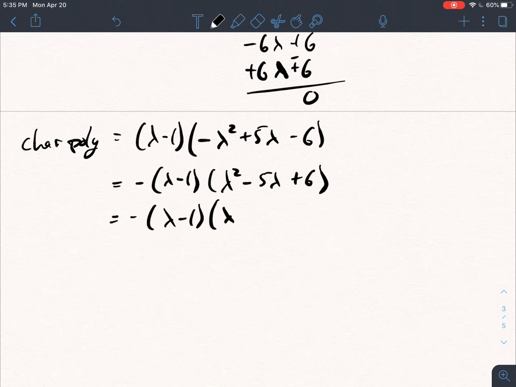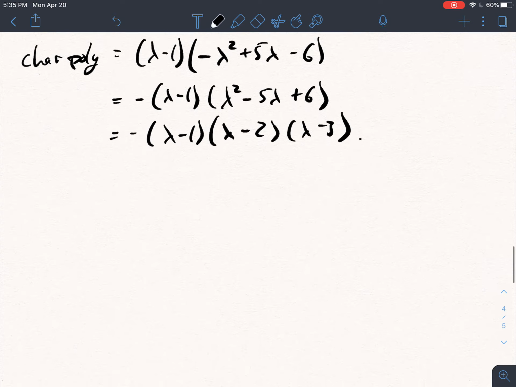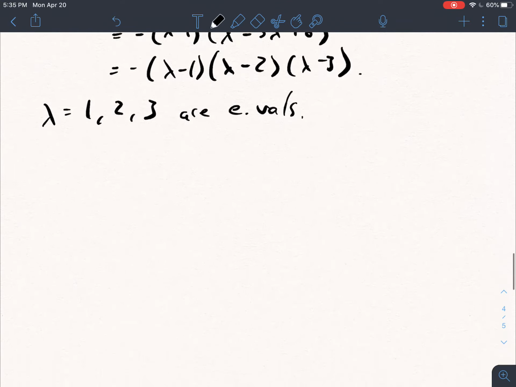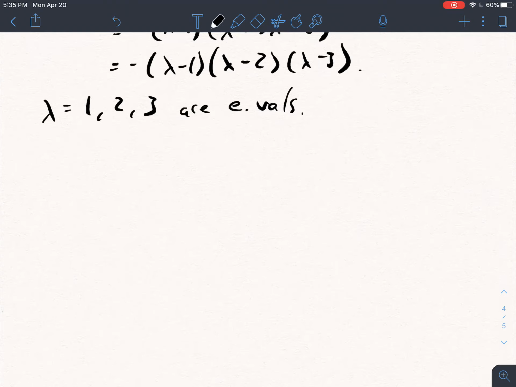We can factor out a negative 1: lambda squared minus 5 lambda plus 6. And then this factors as lambda minus 2, lambda minus 3. Great, so now we have our eigenvalues: 1, 2, and 3.